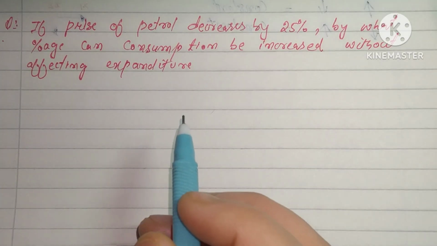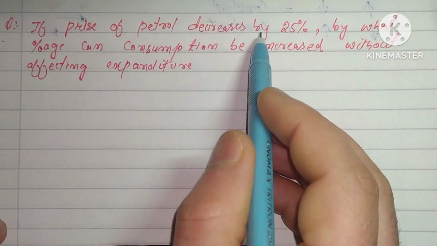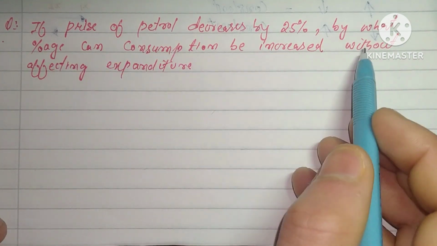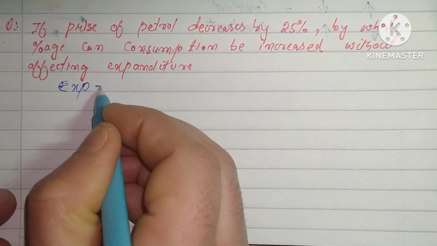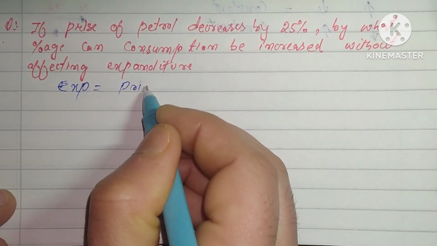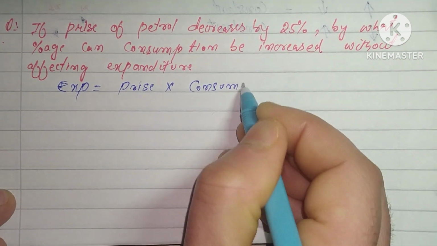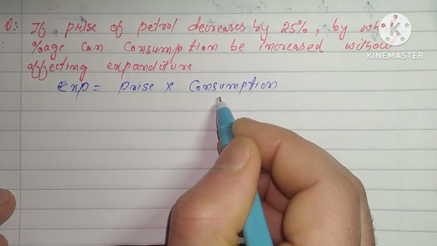Take another question of price and consumption. Here, if the price of petrol decreases by 25%, by what percentage can consumption be increased without affecting the expenditure? We know expenditure is price into consumption. If price decreases, consumption will increase.